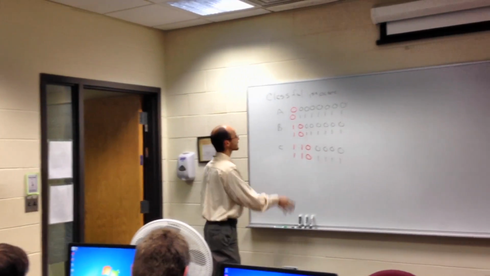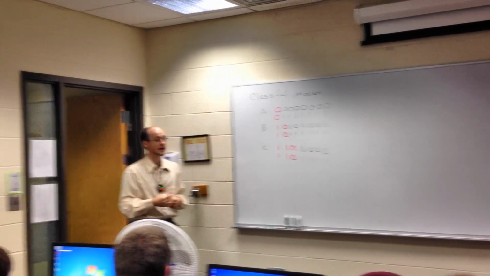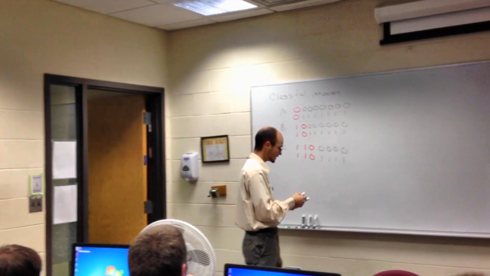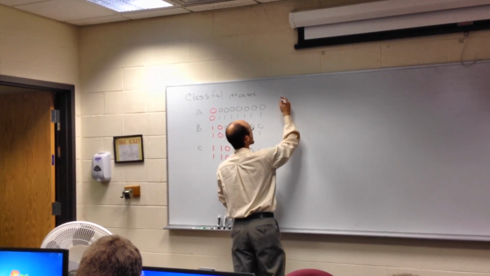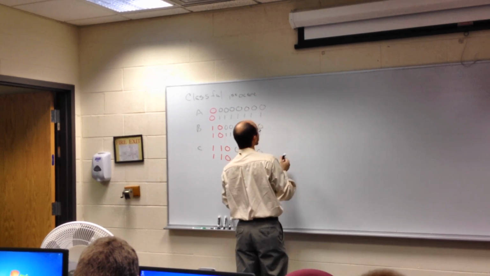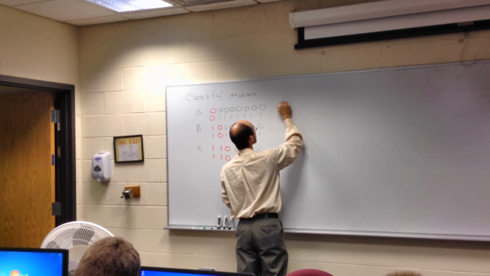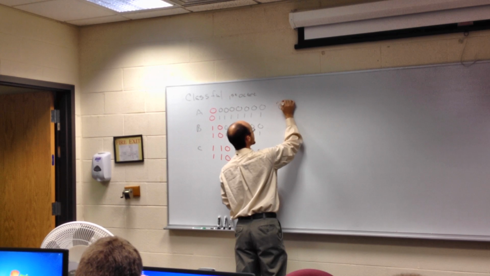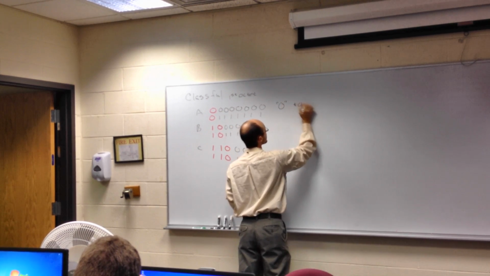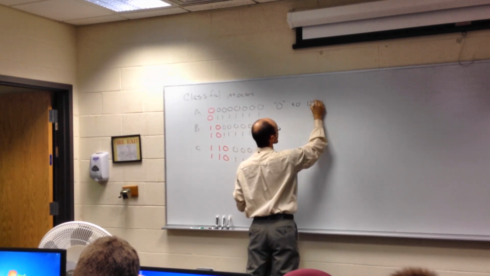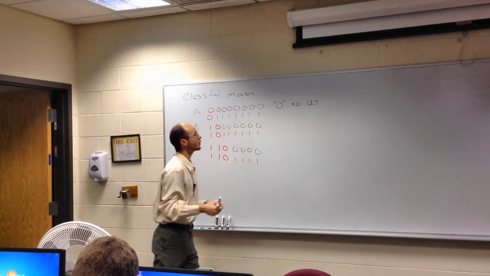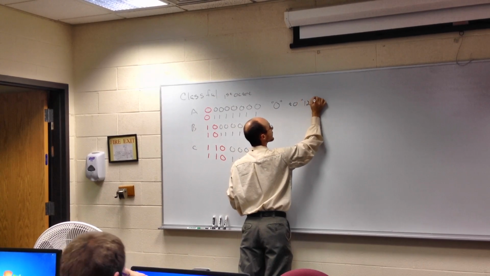Everybody's kosher. Now, you and I tend to see numbers in a decimal format, which we call dotted decimal notation. So in the next column, I'm just going to write these numbers in decimal so we can better understand that. Class A is going to go from 0, and I'm going to put this in quotations, all the way up to 127, and I'm going to put 127 in quotations too.